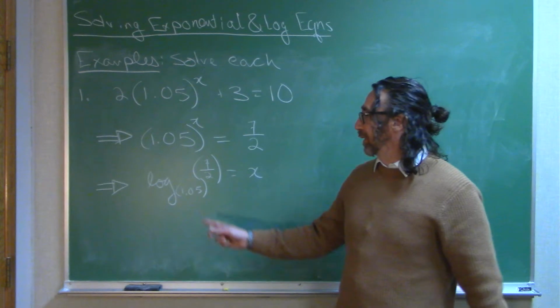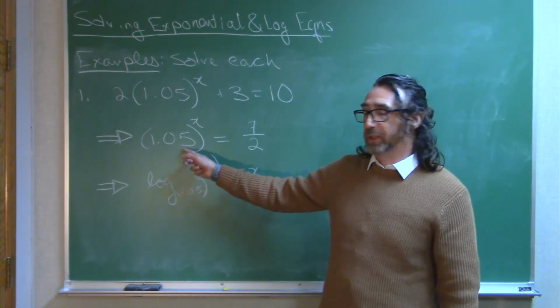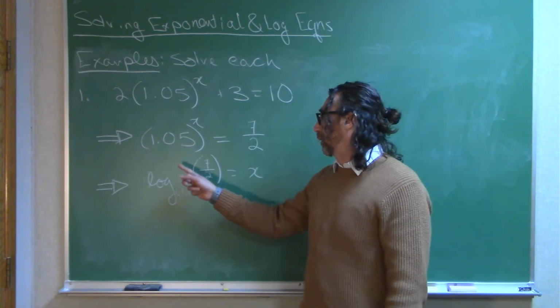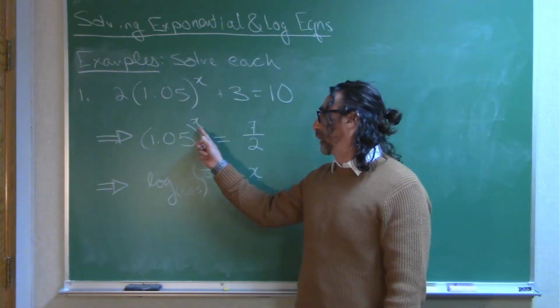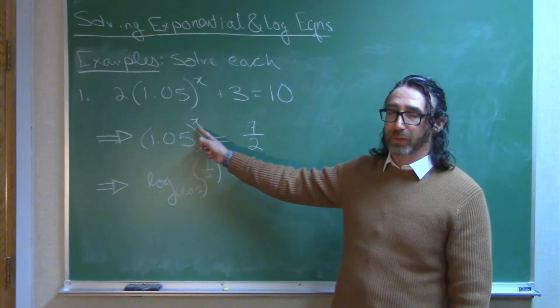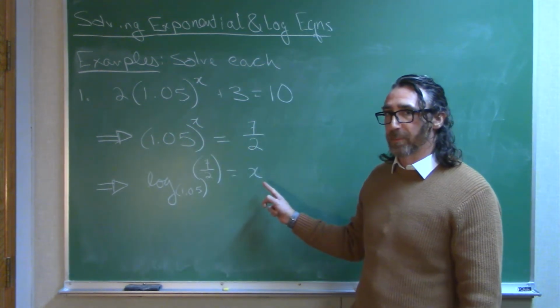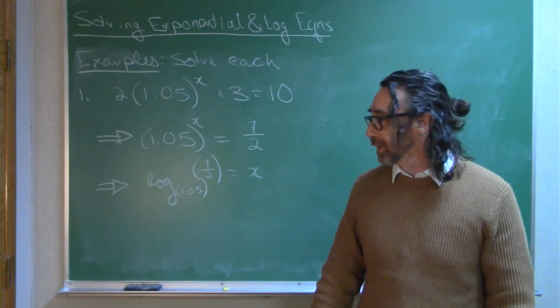Okay, remember, the base of the exponential is always the same as the base of the log. The thing on the other side of the log is going to be what the exponent was in the exponential equation. So converting to a log puts the unknown exponent by itself on one side in this case.